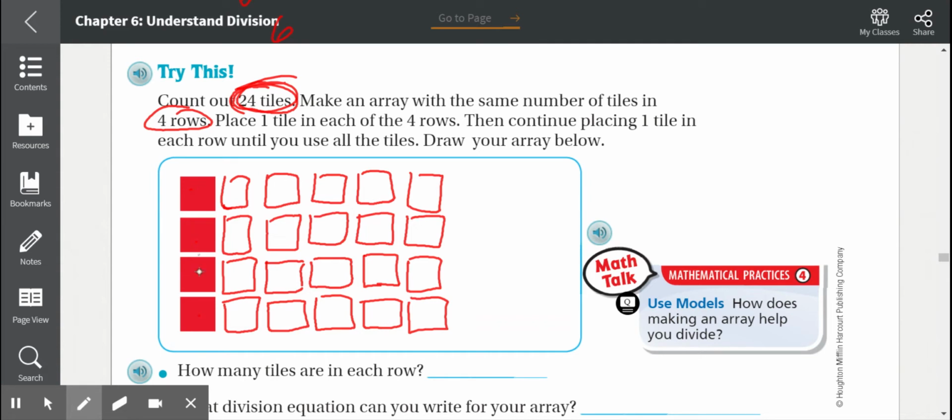Okay, so we have 4 rows. How many tiles are in each row? 1, 2, 3, 4, 5, 6.